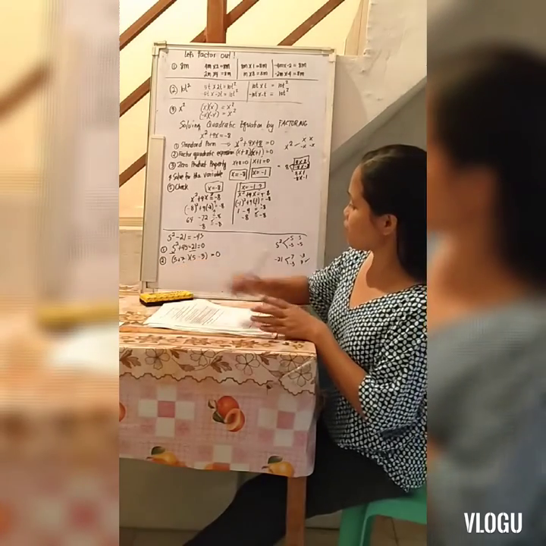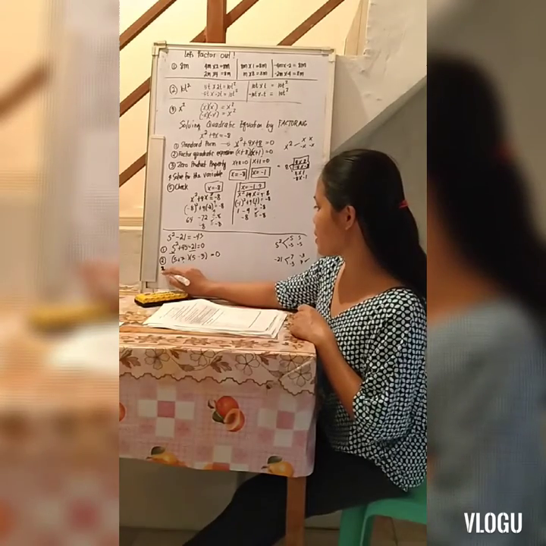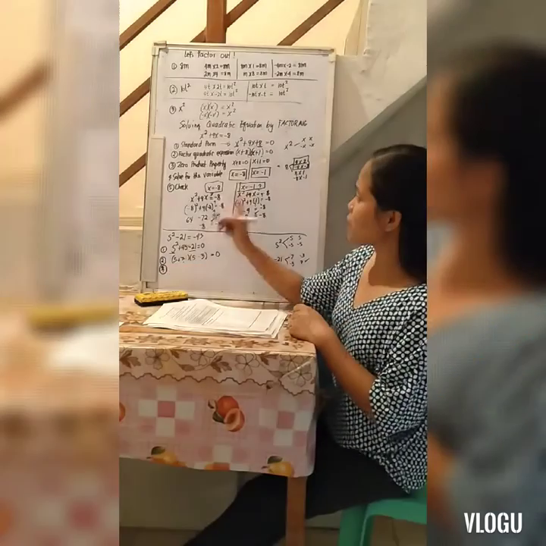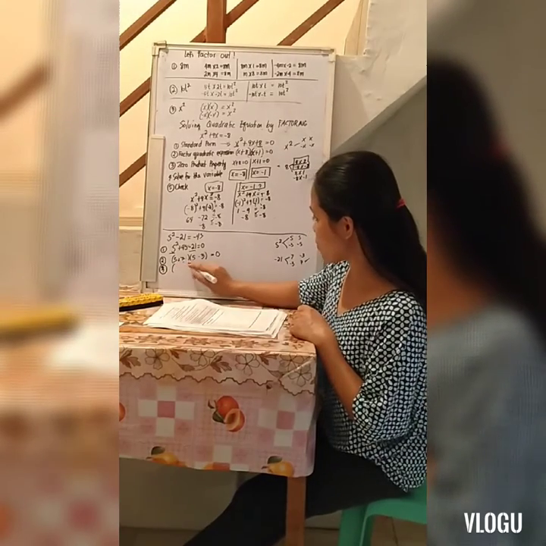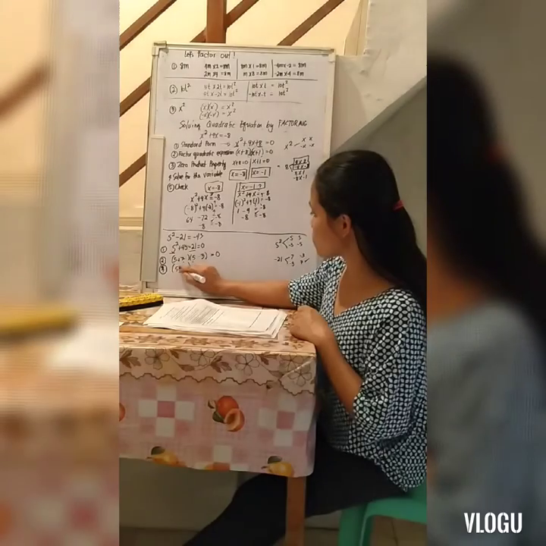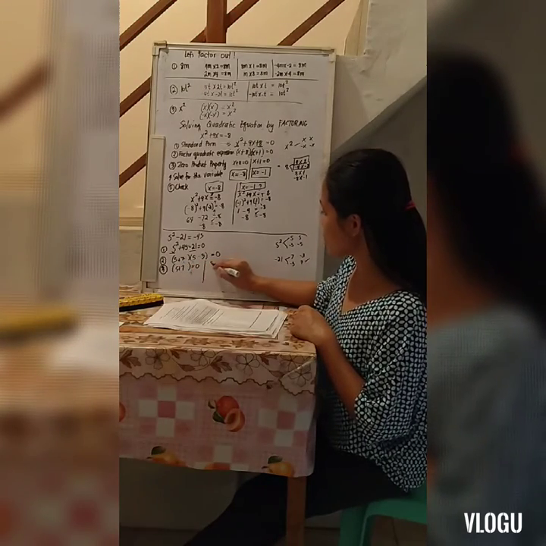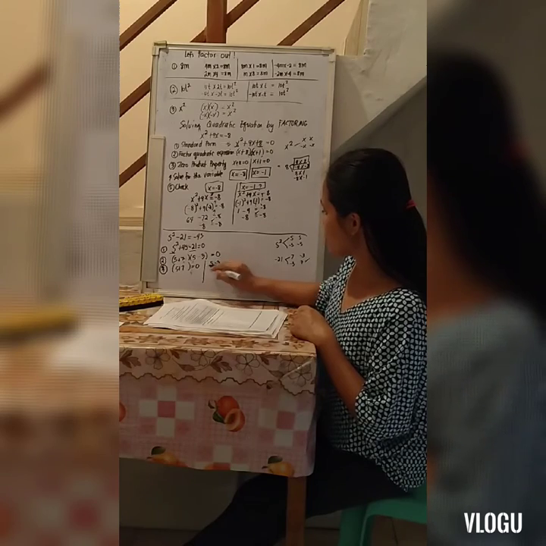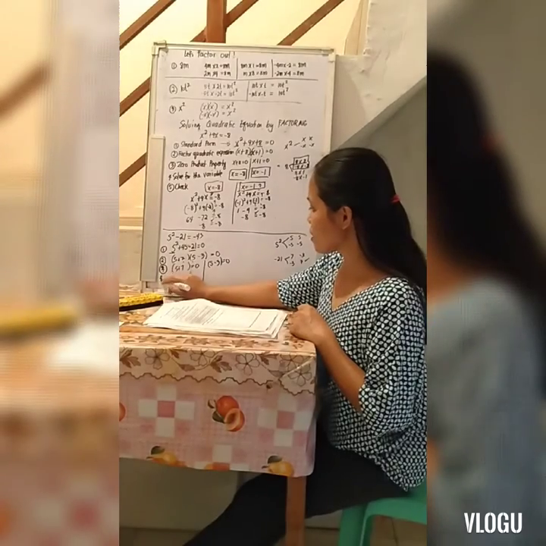Step number 3, you apply the zero product property. That is, equate both factors to 0. So you have s plus 7 equal to 0, and the other one is s minus 3 equal to 0. And then you solve for your variable.